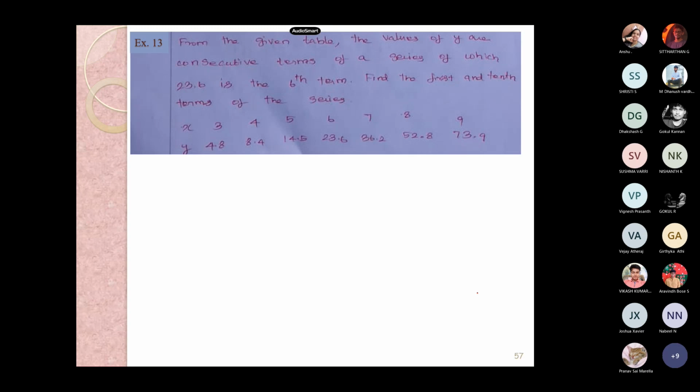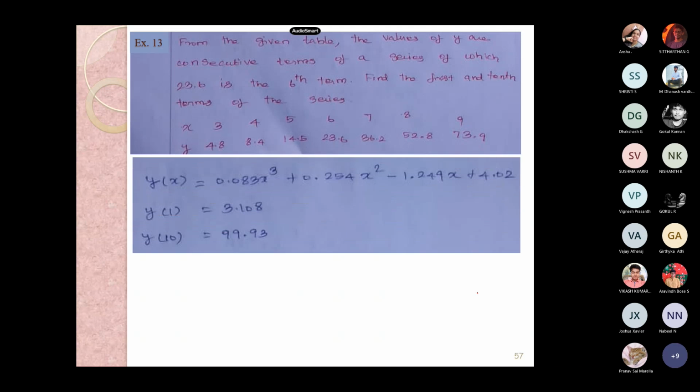For 1 and 2, the y is unknown. For 10 as well, the y is unknown. With this data, we are concerned about the first and 10th term alone. And see, y of x is equal to 0.08 x cube.